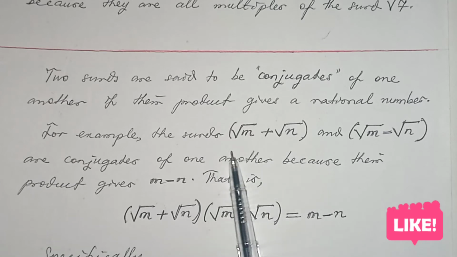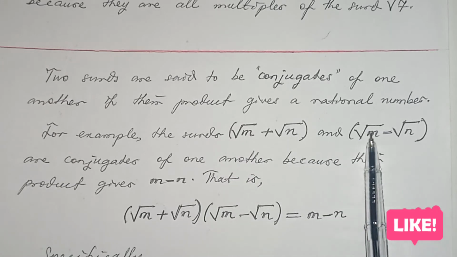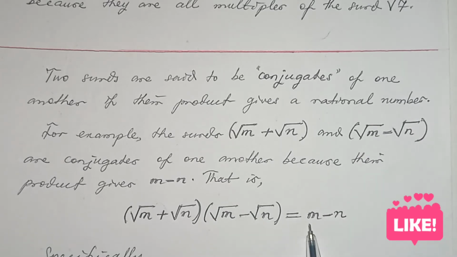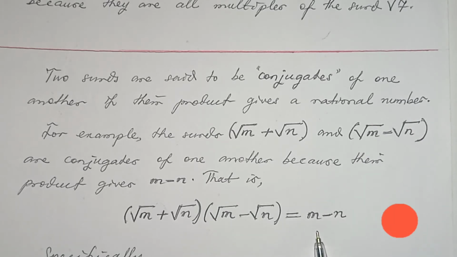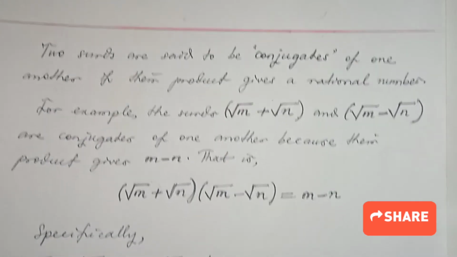So by difference of two squares, root m plus root n multiplied by root m minus root n will give you m minus n, and that tells you that m minus n cannot be an irrational number. It is certainly a rational number. Hence, root m plus root n and root m minus root n are conjugates of one another, because their product gave you m minus n, which is assumed in this case to be a rational number.